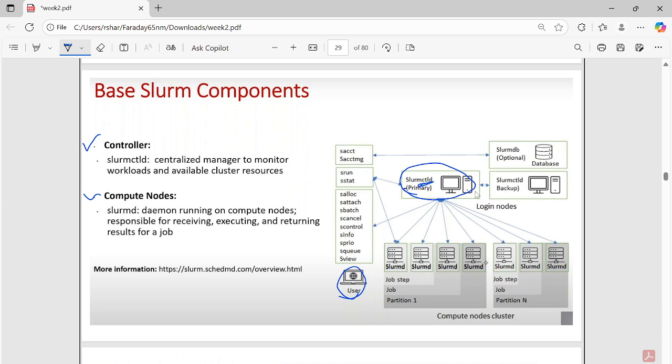So it runs as a daemon, and basically the user is going to ask this to allocate certain compute resources. The compute node is going to run another daemon, which is slurmd.